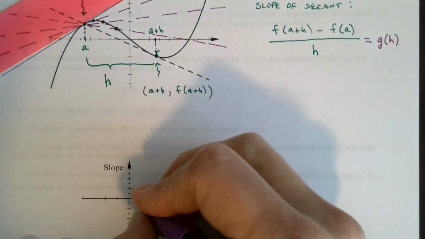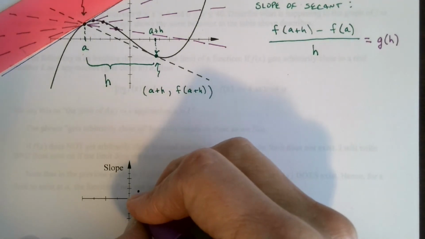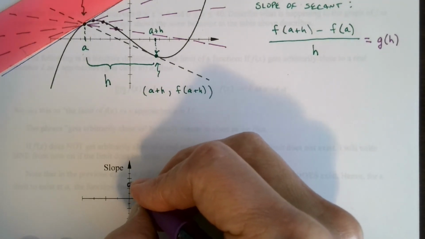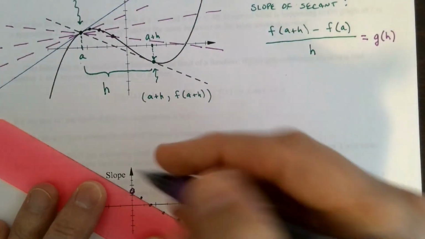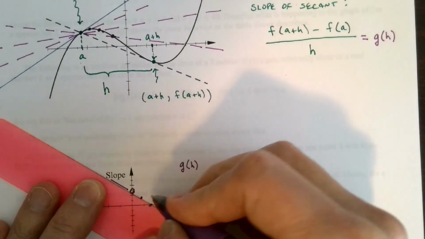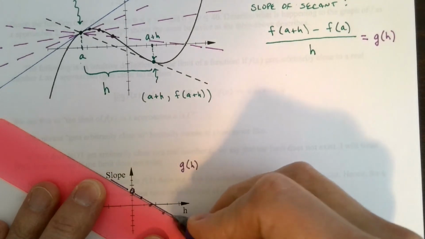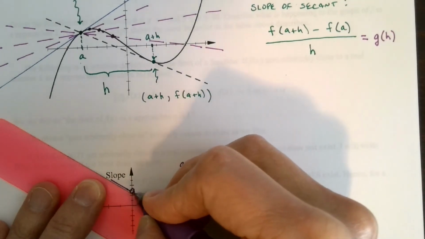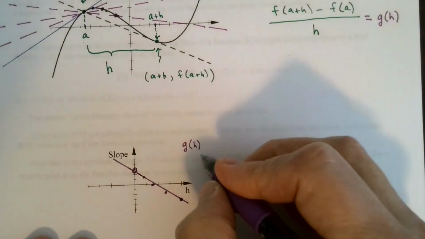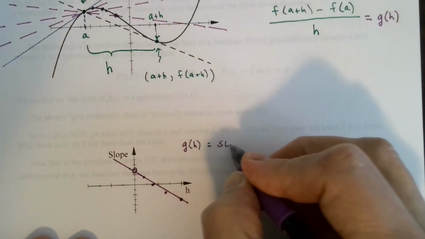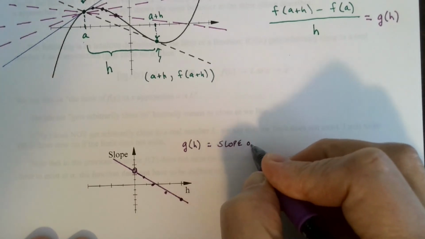So graphically, when h is 0, we're going to see a hole. So if we continue this, we get this graph of the slope that might look something like this. So this is the slope of the secant line.